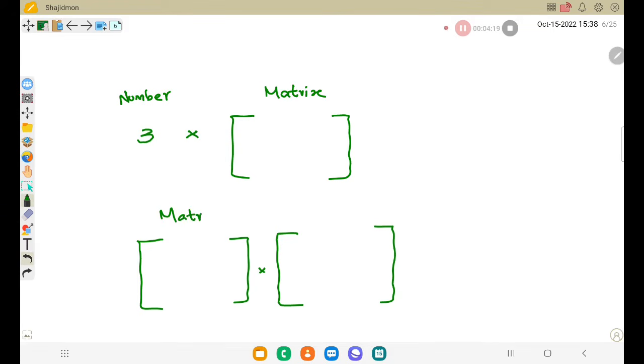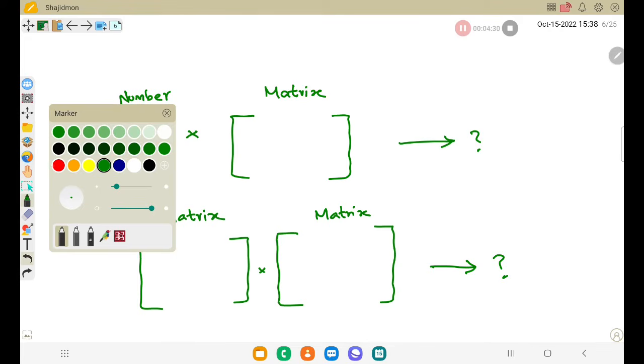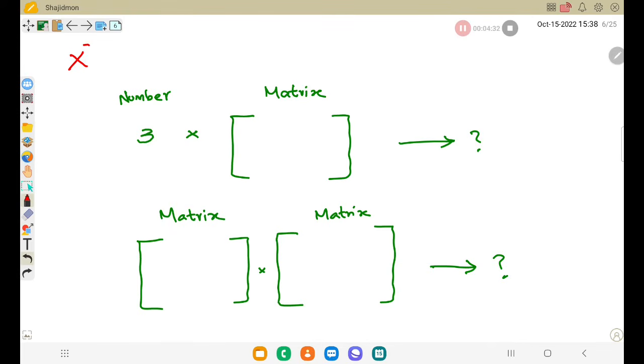How do we multiply, and what will the answer be in each case? So first we will consider a number and a matrix: how to multiply them.